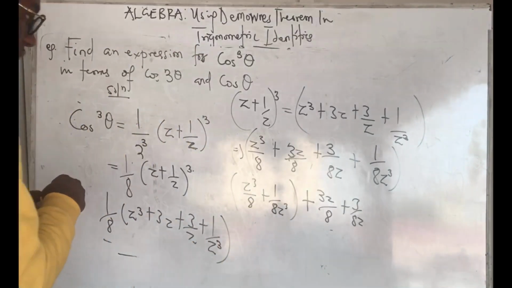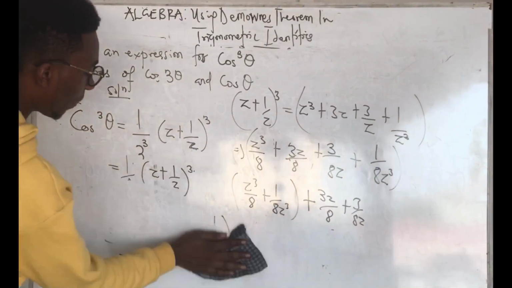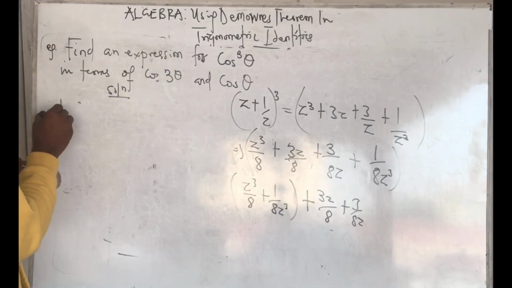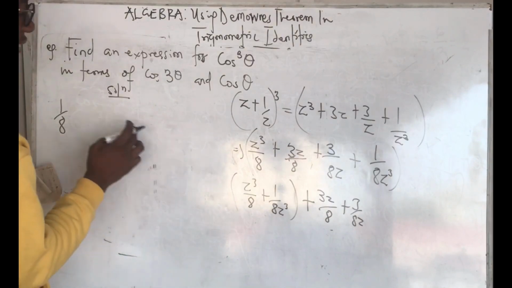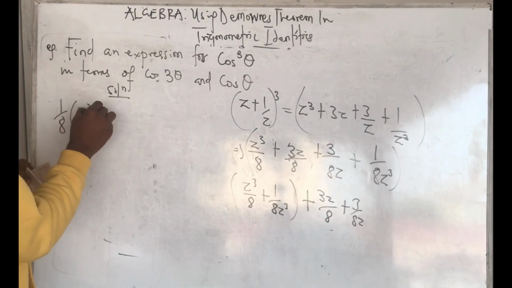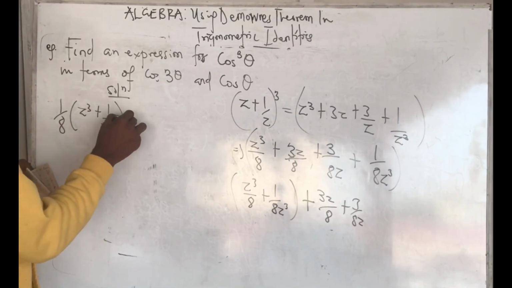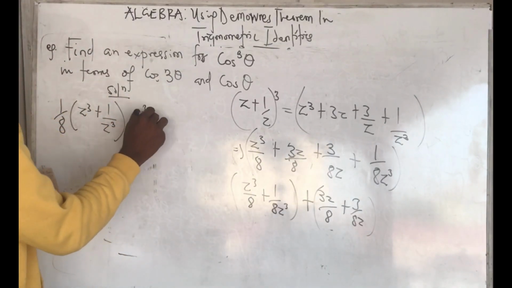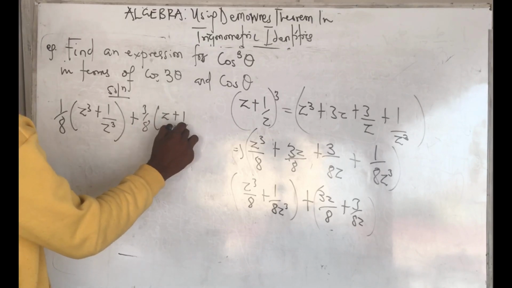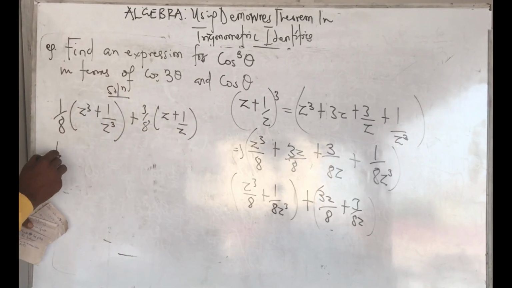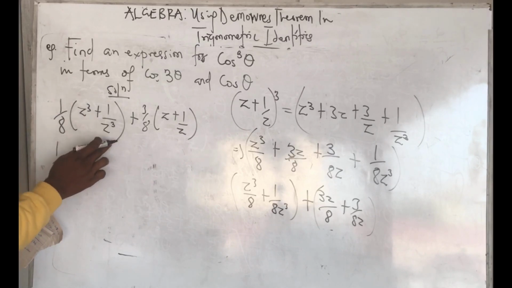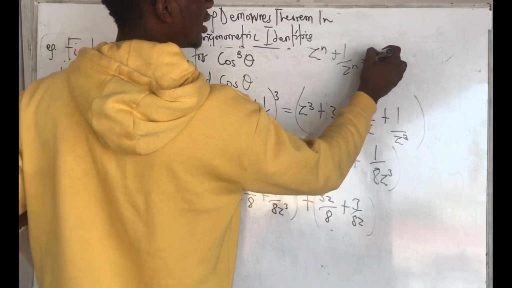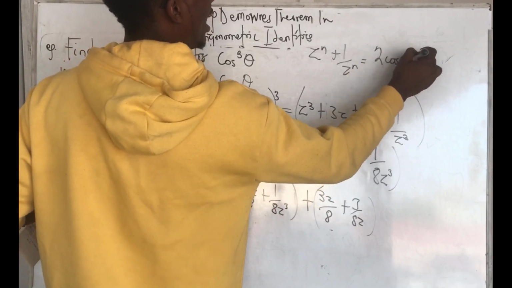After grouping, we factor 1 over 8 out to get 1 over 8 bracket z cube plus 1 over z cube, plus, factoring 3 over 8 out, 3 over 8 bracket z plus 1 over z. And z^n plus 1 over z^n is equal to 2 cos n theta.